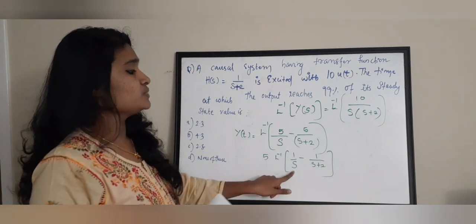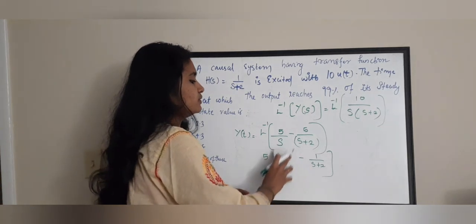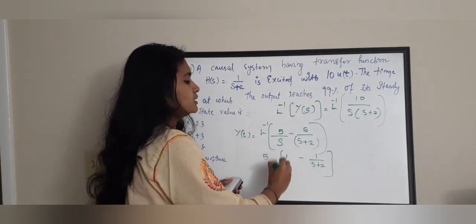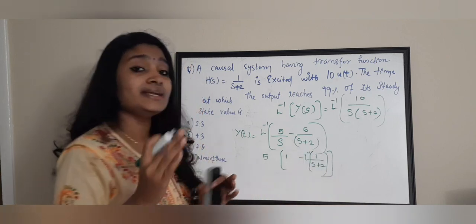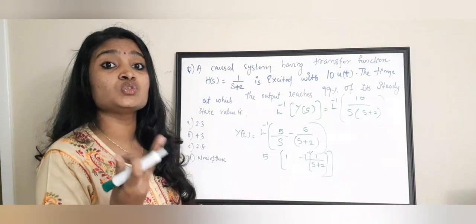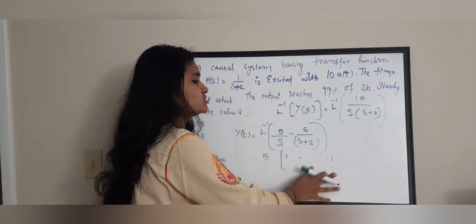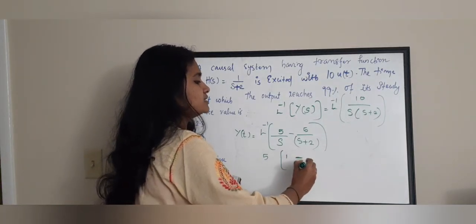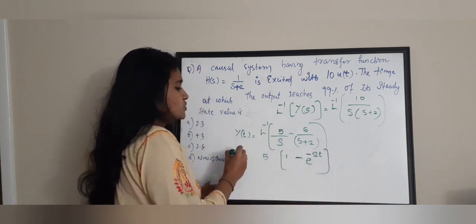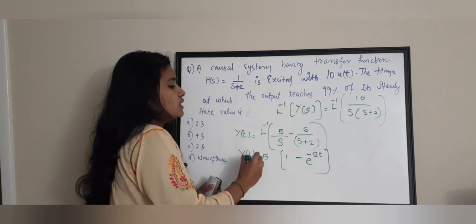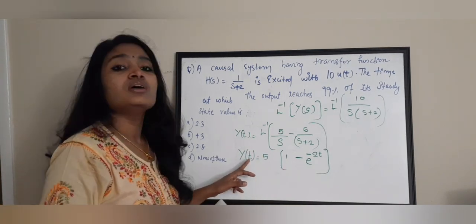Now what is the Laplace inverse of 1 by s? It is 1. So 1 minus, what is the Laplace inverse of 1 by s plus 2? It is e raised to minus 2t. I hope the Laplace transform is clear to everyone. So this is minus e raised to minus 2t. This is your output function in terms of time.